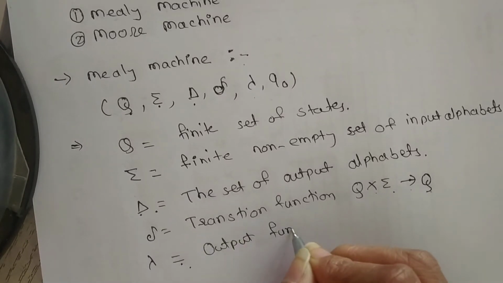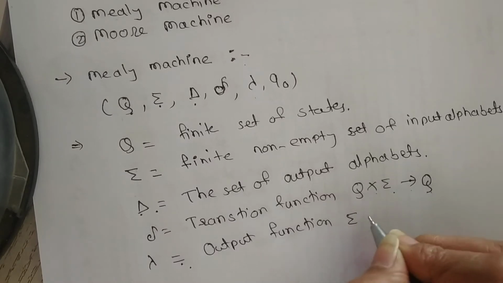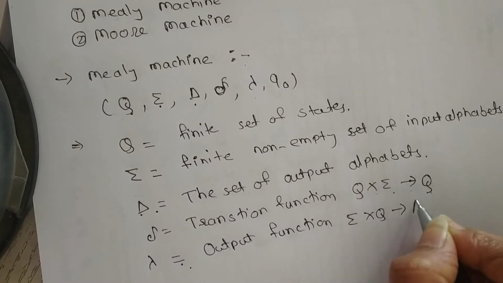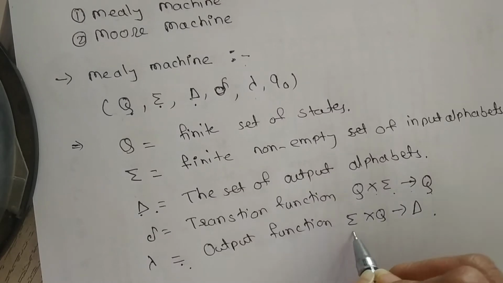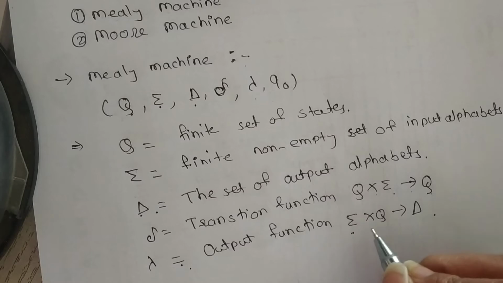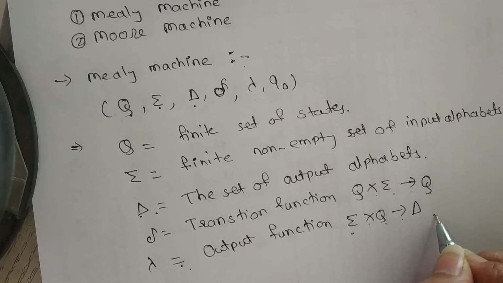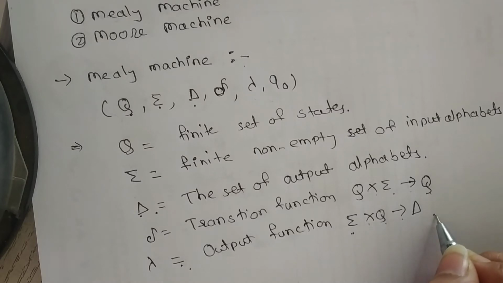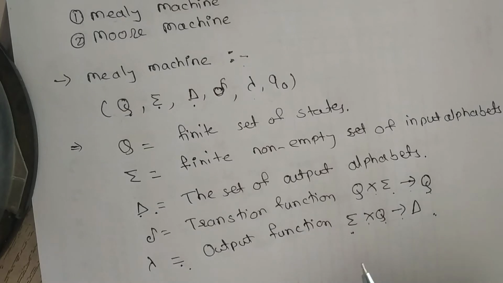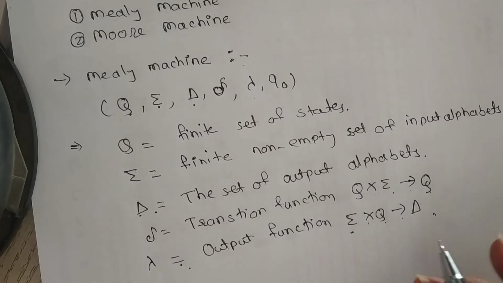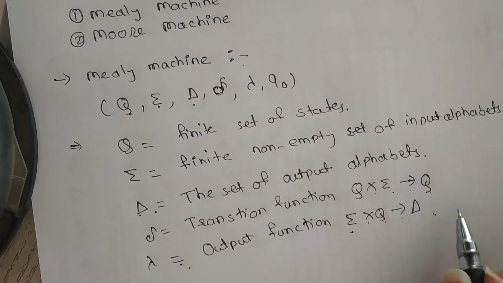Output function, sigma cross Q to del. What does this mean? The output of this Mealy machine will be defined by the state it is currently in and the input symbol associated with that state. We will see this with an example.